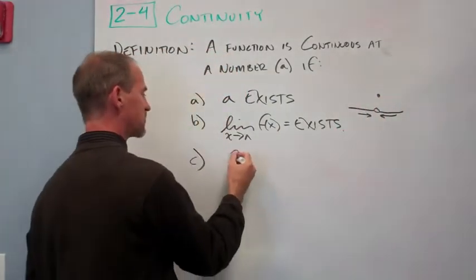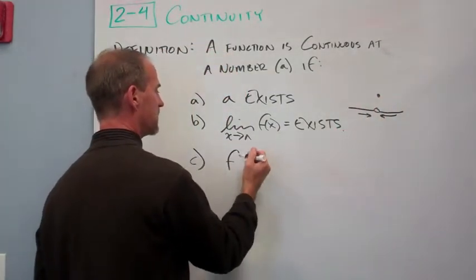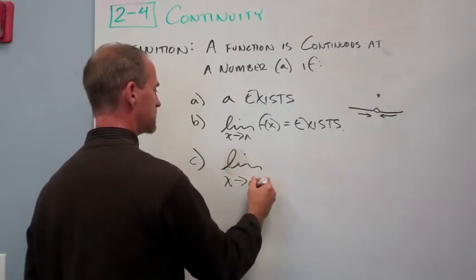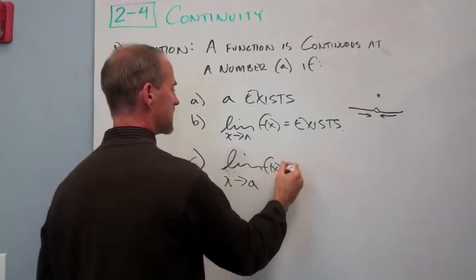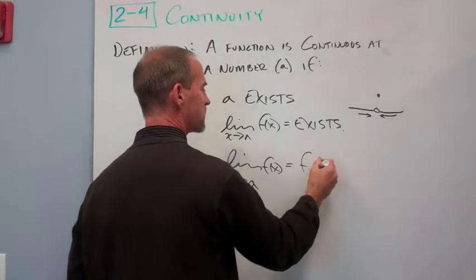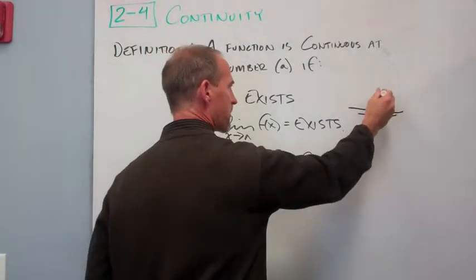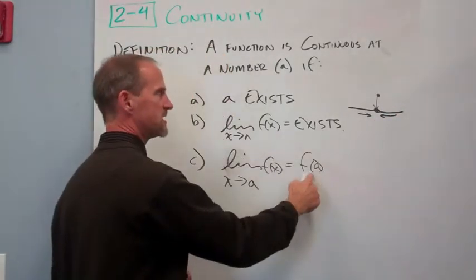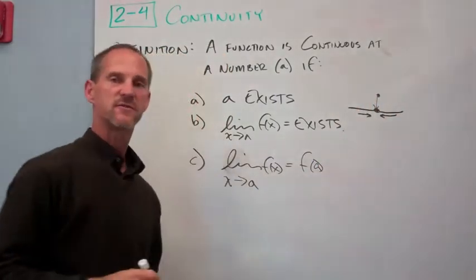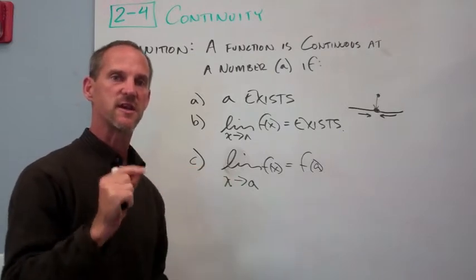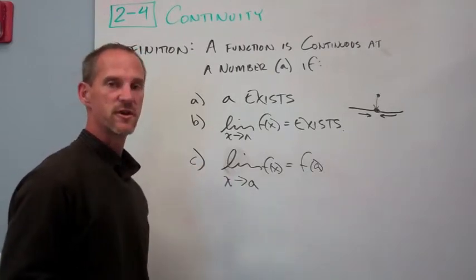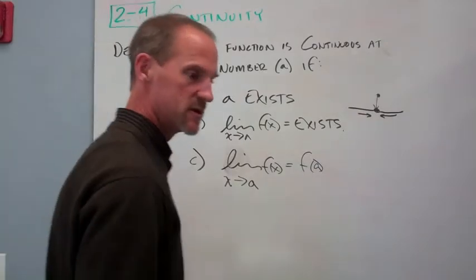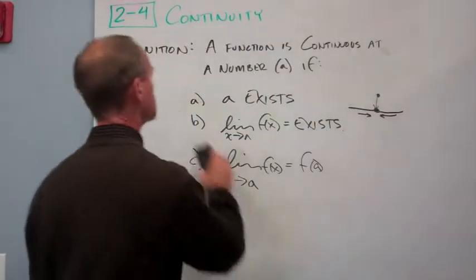So we need to be sure that the limit as x approaches a of f of x is equal to the actual value of the function, that we bring that hole down and fill it in so that the value we get isn't some jump spot up above. So that as we approach from either side, it actually is that value. That is a critical point. Okay? So, a little example just to show you how it all works.